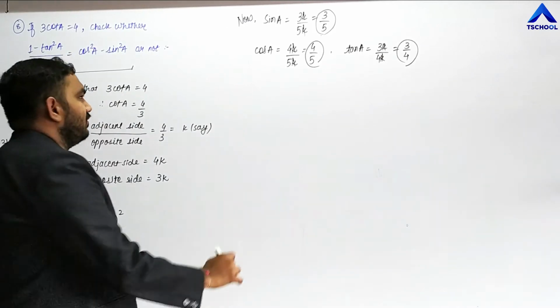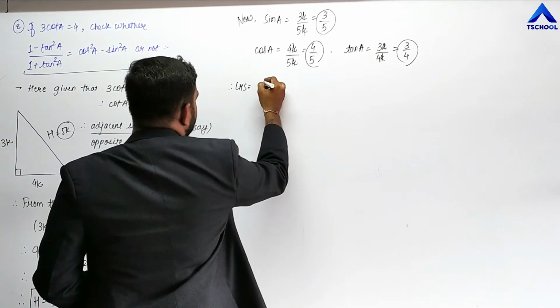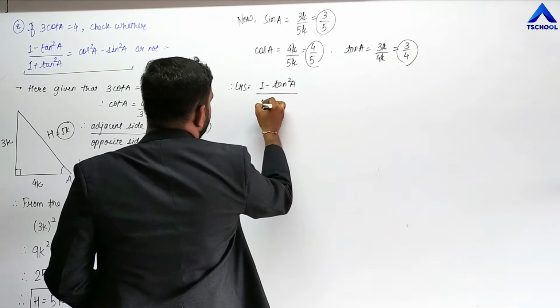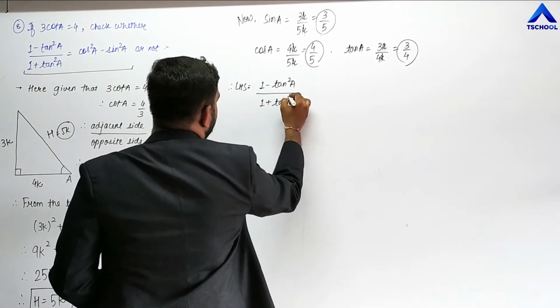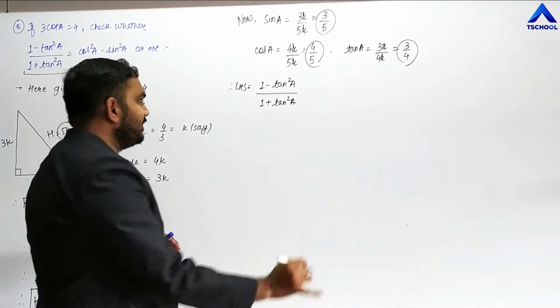Now let us find out. Therefore LHS, that is 1 minus tan square A upon 1 plus tan square A. We are having tan A, let us replace it here.